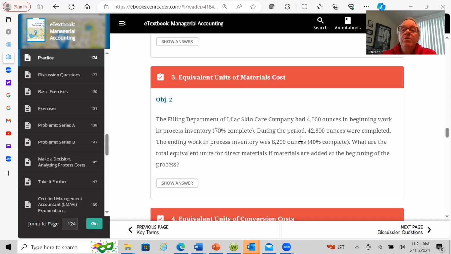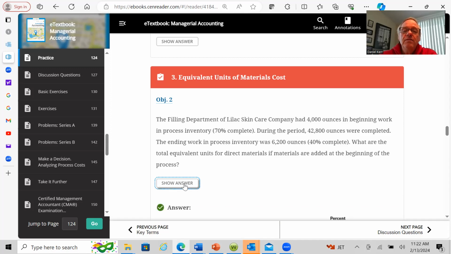Those units with regard to material would be 100% complete. And if you've got 6,200 units in the ending work in process and materials are added at the beginning of the period, those 6,200 units are fully complete with regard to materials.